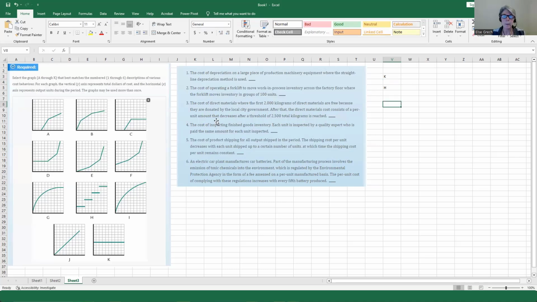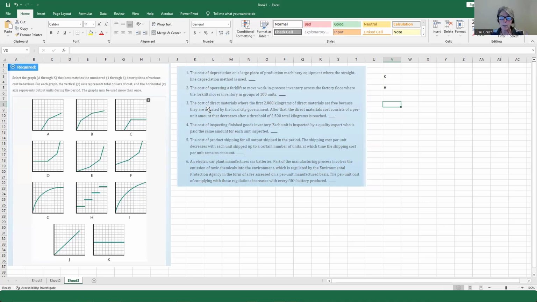So now we're on 3. The cost of direct materials, where the first 2,000 kilograms of direct material are free because they are donated by the local city government. After that, the direct material cost consists of a per unit amount that decreases after a threshold of 2,500 total kilograms is reached. So let's look at this again. Think about this.